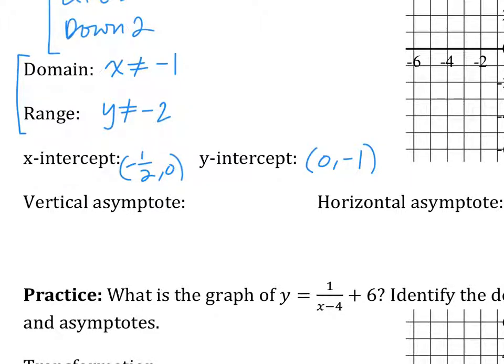So vertical and horizontal asymptote. Okay. Mark, do you have the vertical asymptote? X equals -1. Good. And then Blake, do you have the horizontal asymptote? Y equals -2. Good.